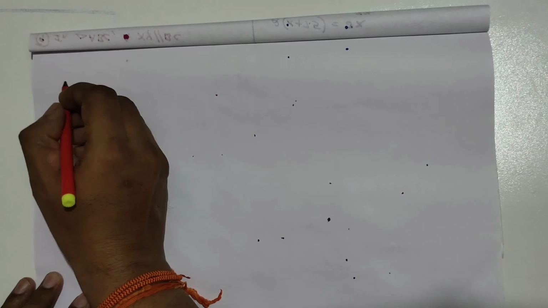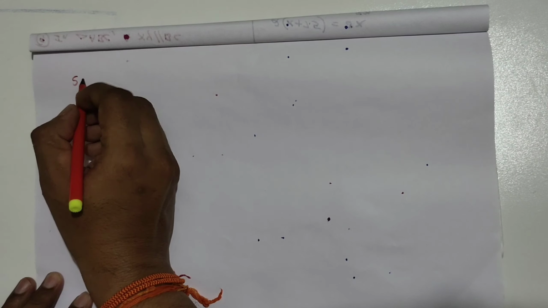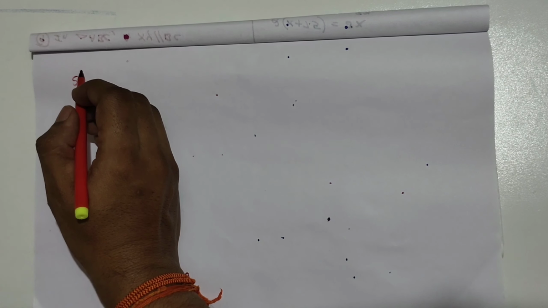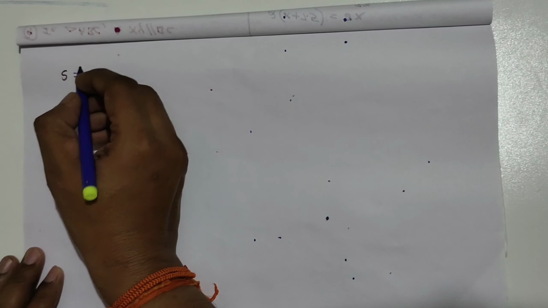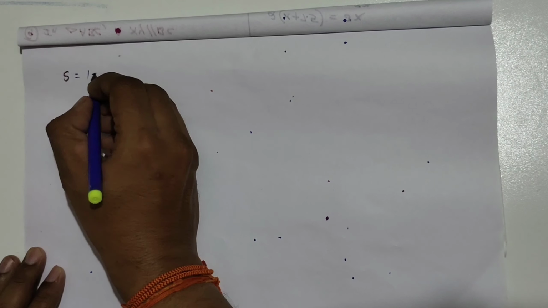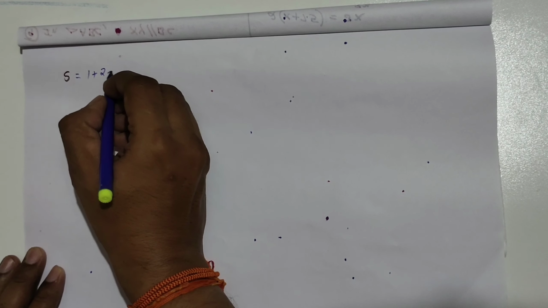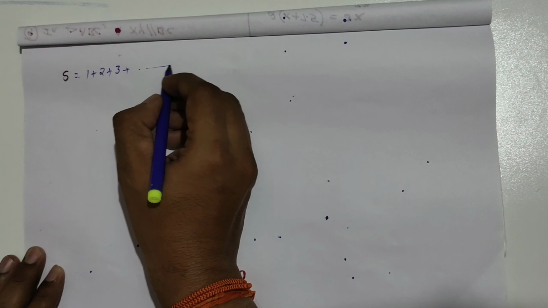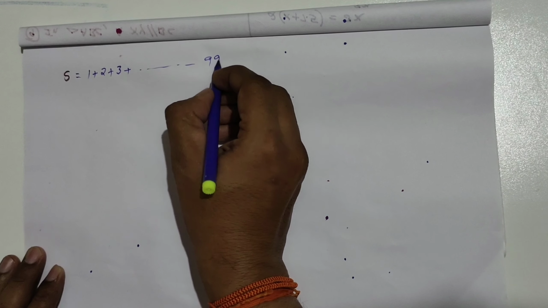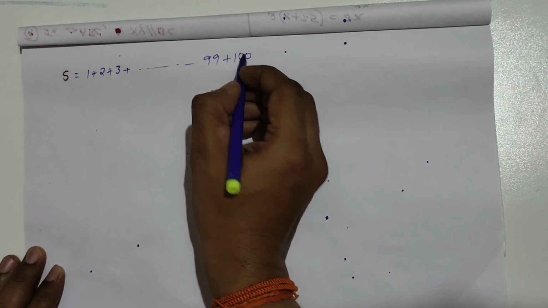Let us suppose that S is equal to 1 plus 2 plus 3 plus, and so on, up to 99 plus 100.